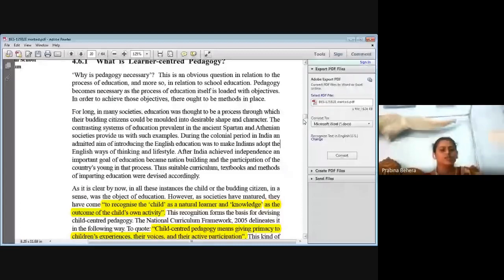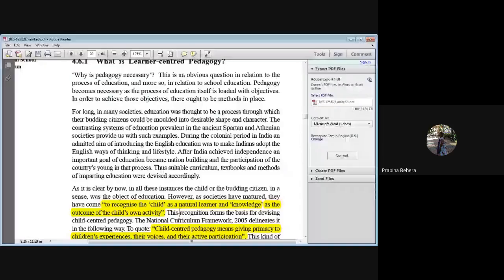So here, what is learner centered? To recognize the child as a natural learner, the knowledge as the outcome of the child's own activity.